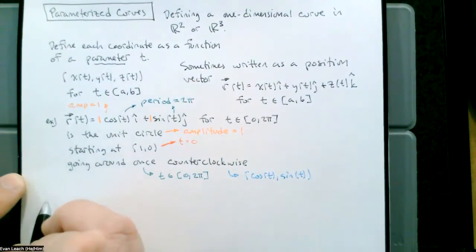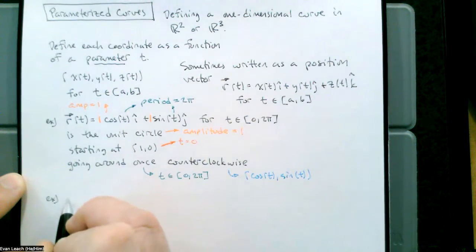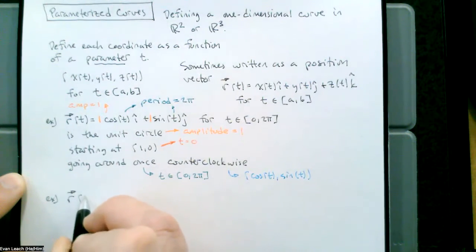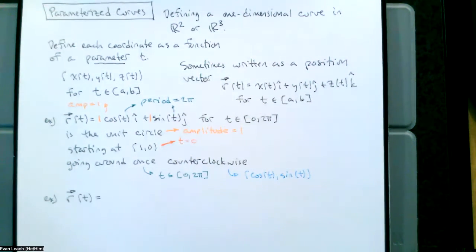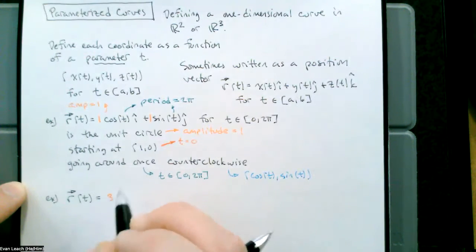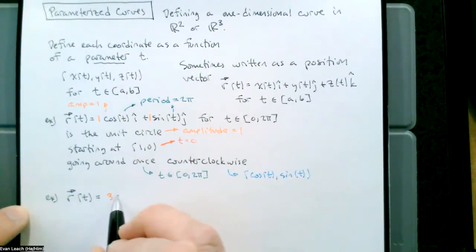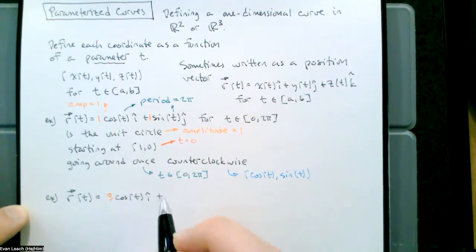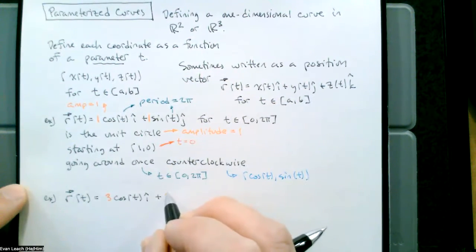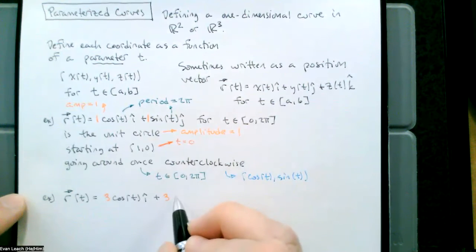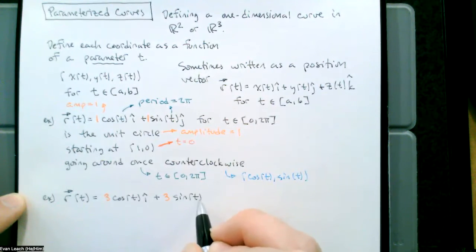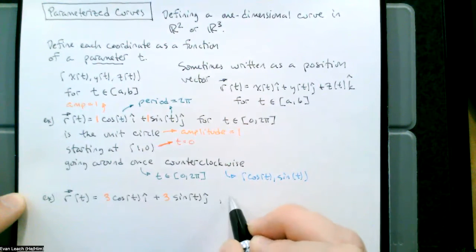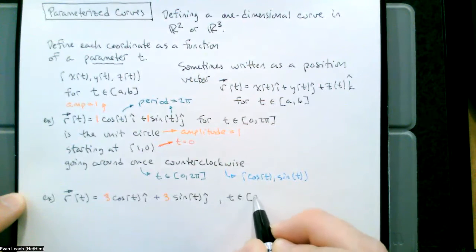For example, if we define a different curve, let's suppose that I change to 3 cosine of t and 3 sine of t, still for t between 0 and 2 pi.